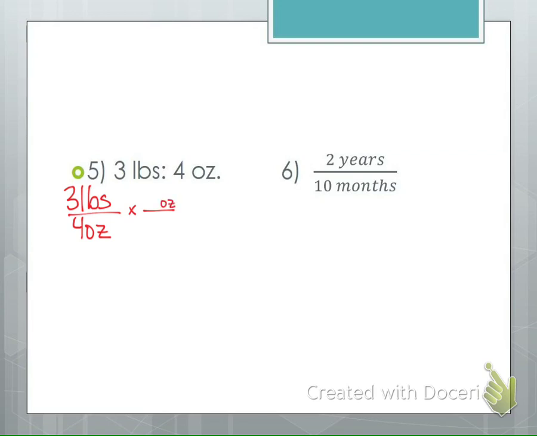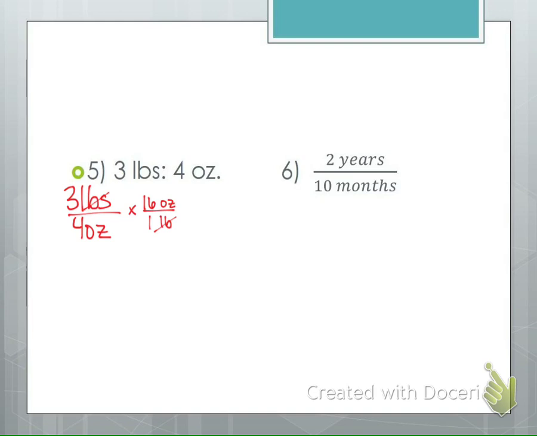Ounces on top, pounds on bottom. What numbers went in here? How many ounces for how many pounds? 16 ounces for 1 pound. So I guess we don't really need the S on there. It could just be LB. If you left the S, that's fine. We get rid of our big unit of pounds so that we can keep our ounces.